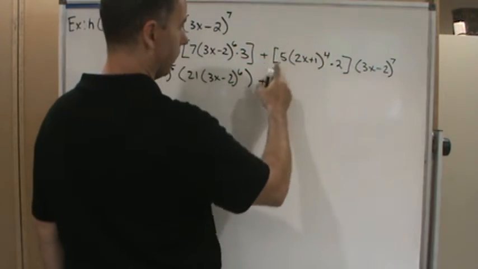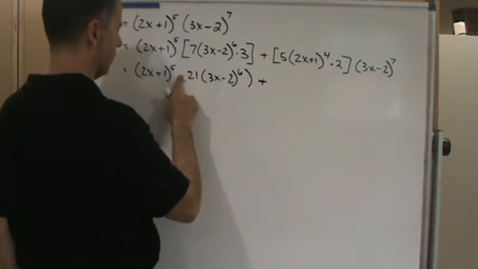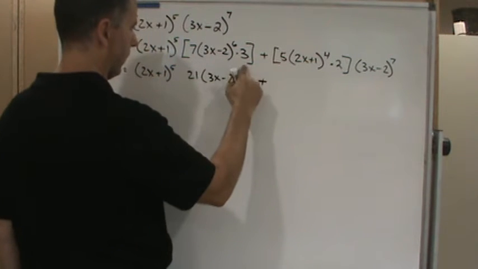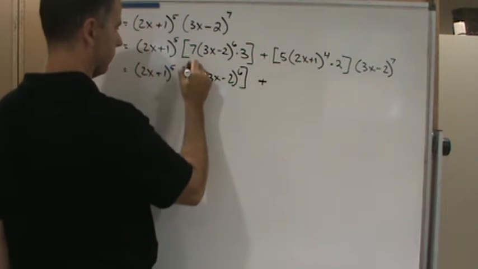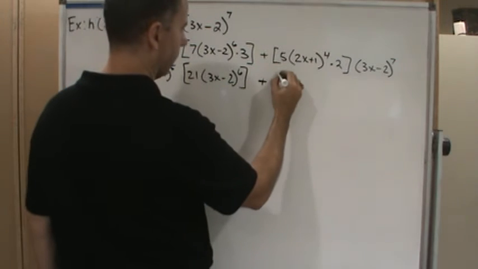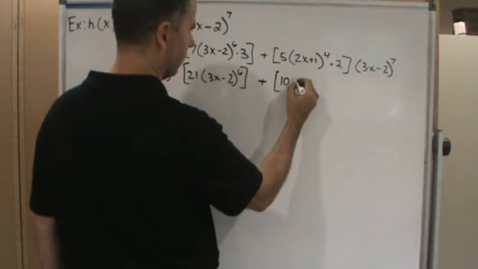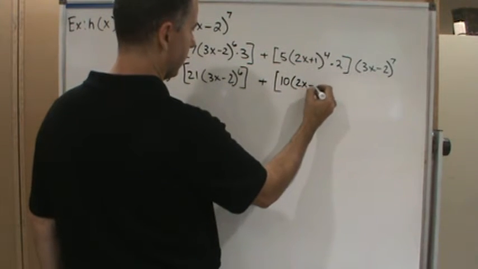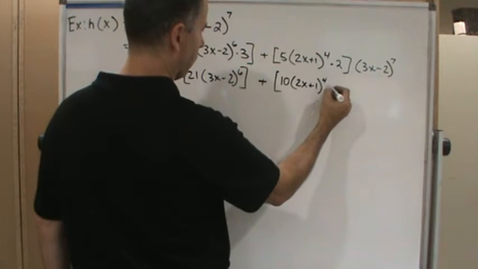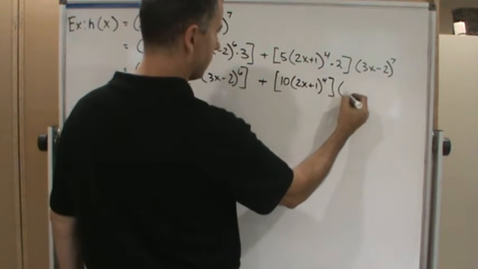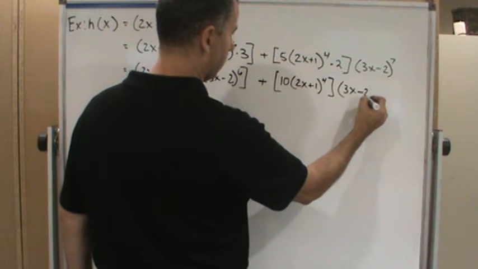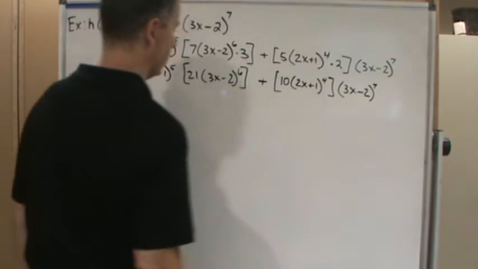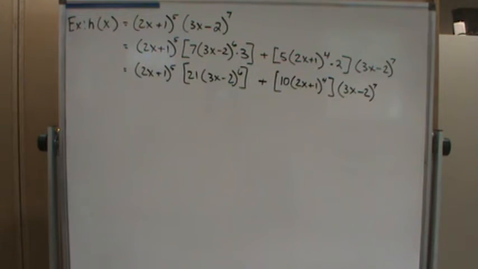Plus, let me just keep the square brackets, and then we're going to have 10 times (2x + 1) to the 4th power times (3x - 2) to the 7th power.